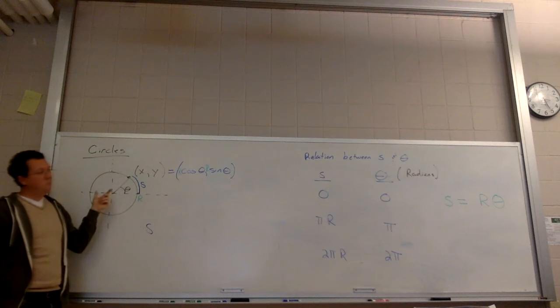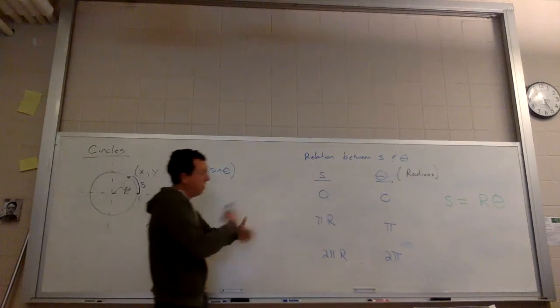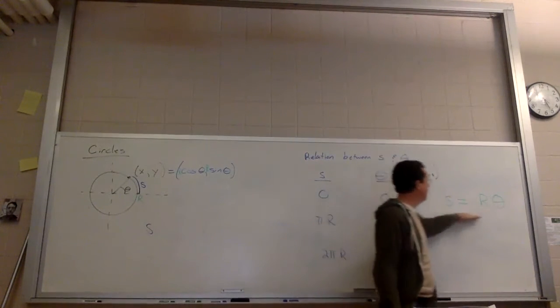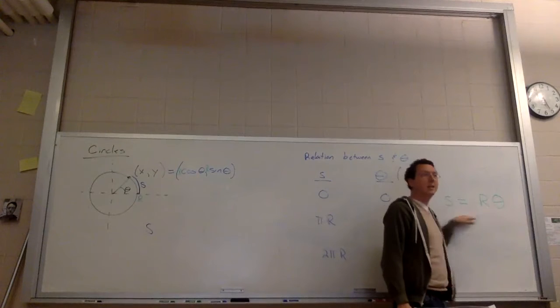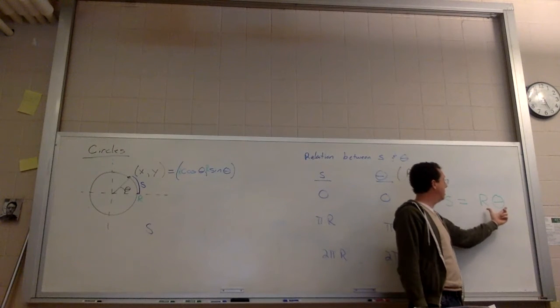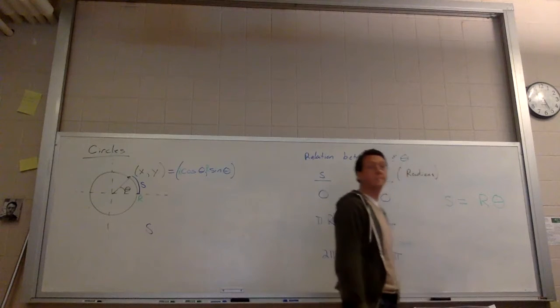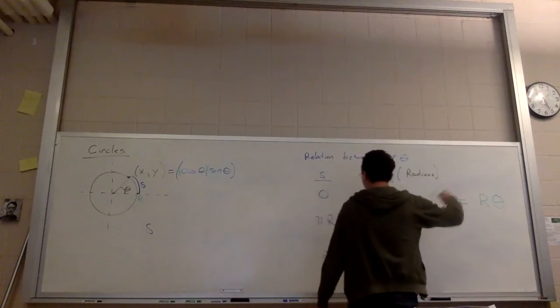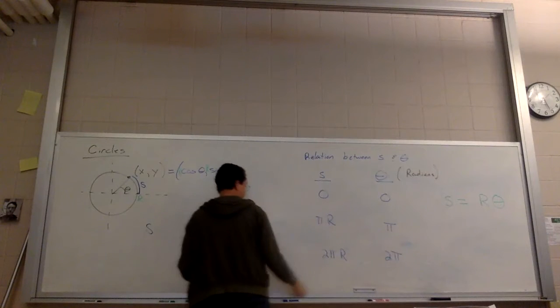And most of the time, we will translate all of that into statements about the angle. This will form our bridge that connects linear quantities to angular quantities. Okay? So remember this formula. We'll come back to it over and over.